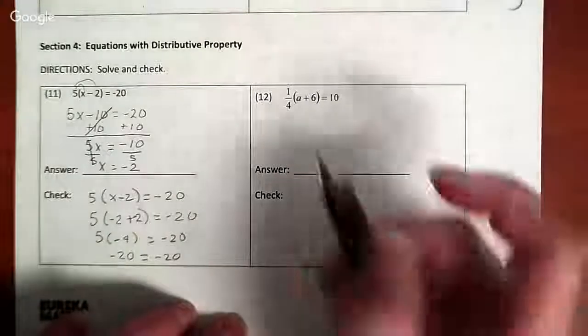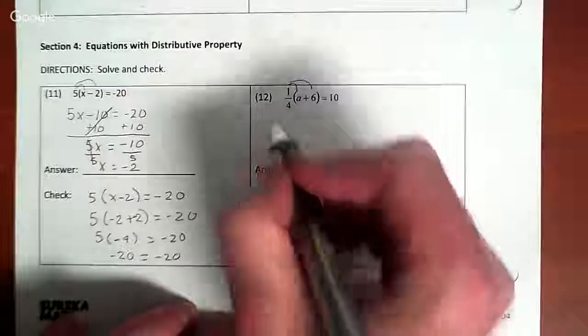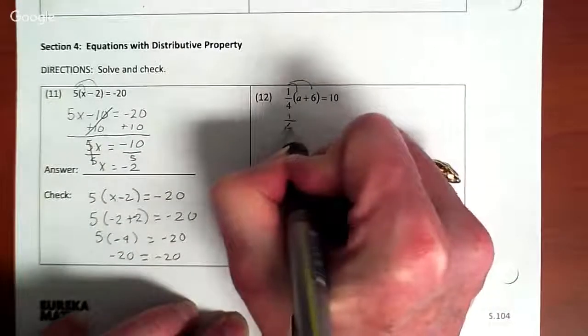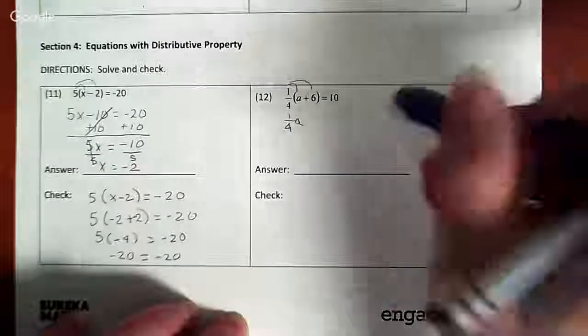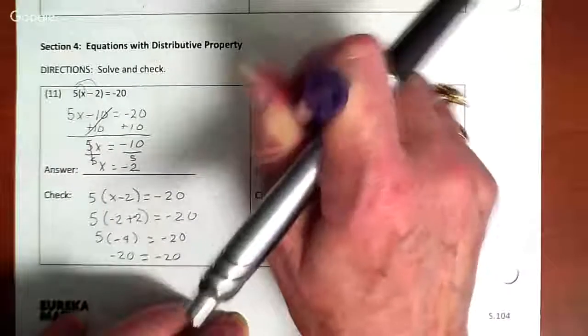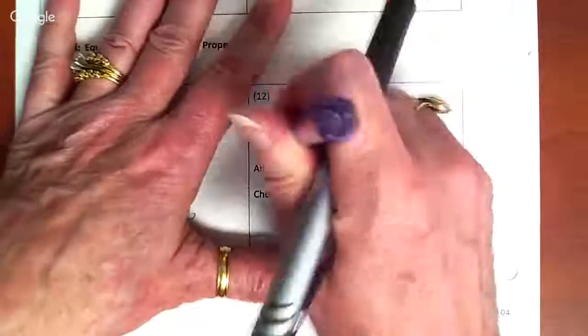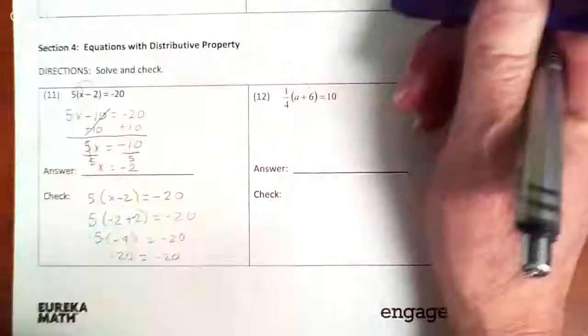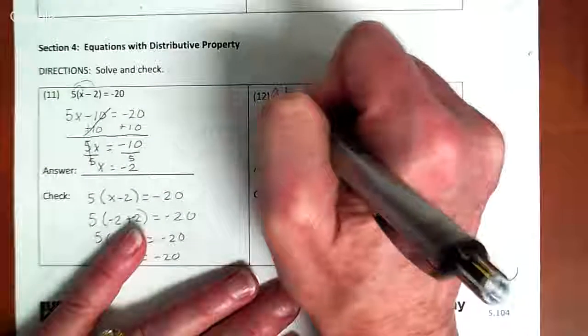Our next question is the 1/4, so that's got to be distributed. So we have 1/4 A, excuse me. And actually we're going to take the shortcut here by multiplying through by its reciprocal, so we don't have to worry about working with this fraction. Okay, so I'm going to multiply both sides by the reciprocal of 4/1.